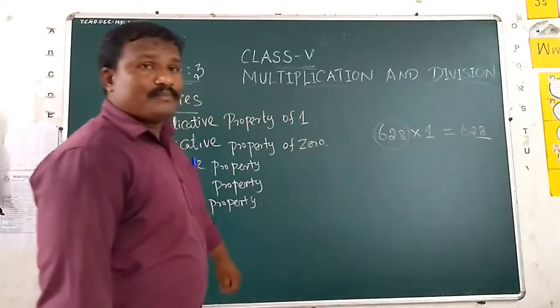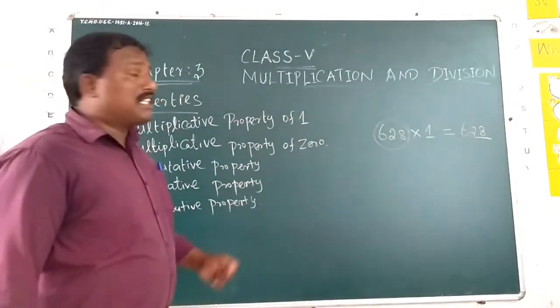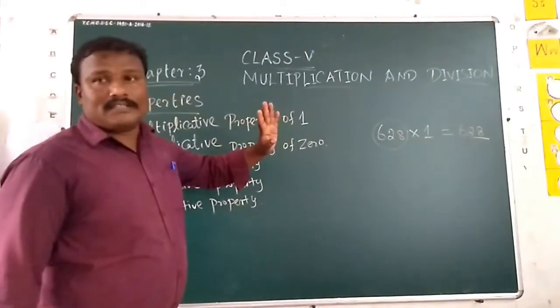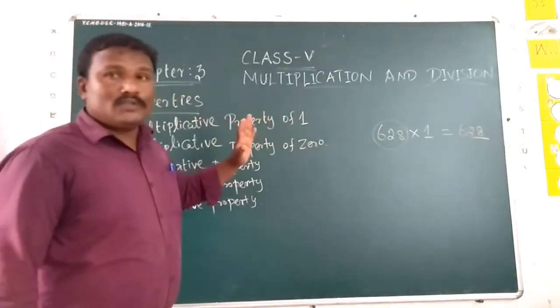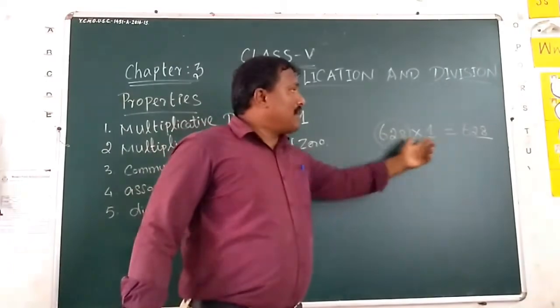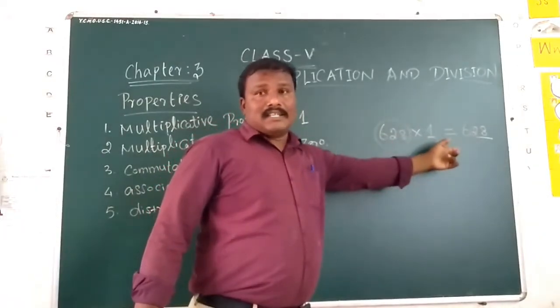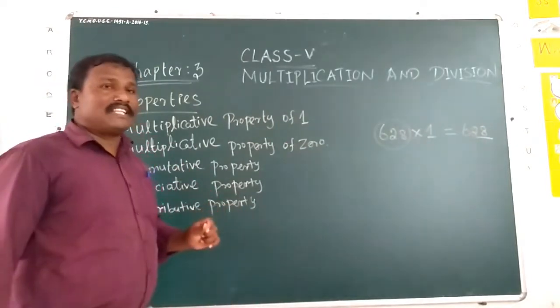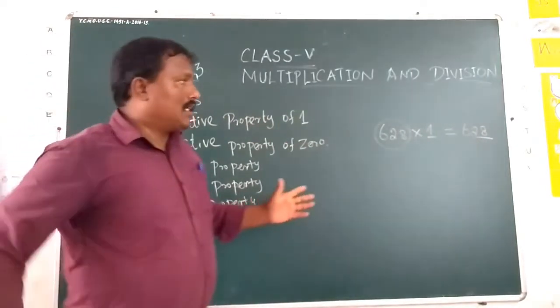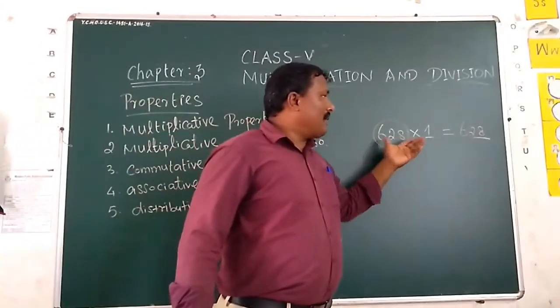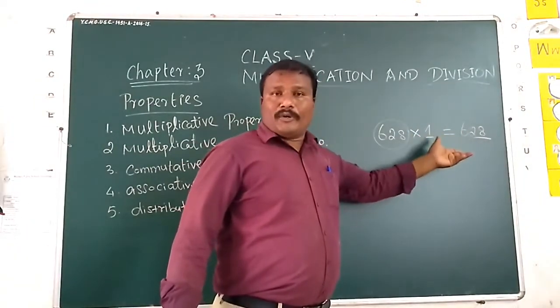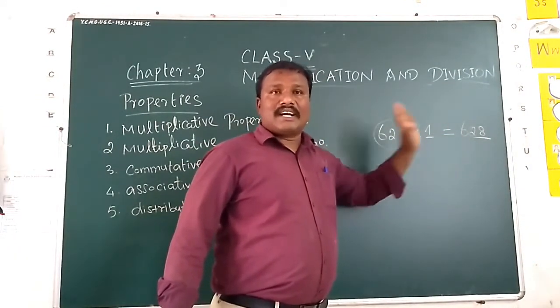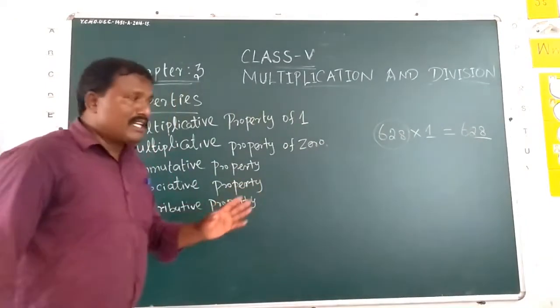So this is the first property, the multiplicative property of 1. Whenever you multiply any number by 1, the result is the number itself.